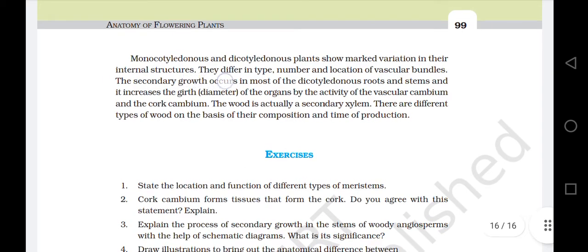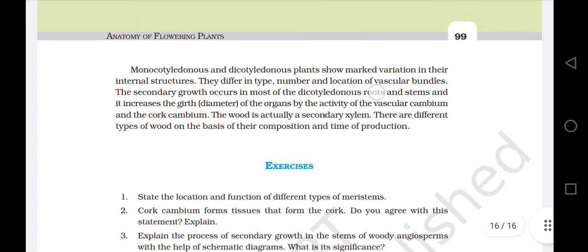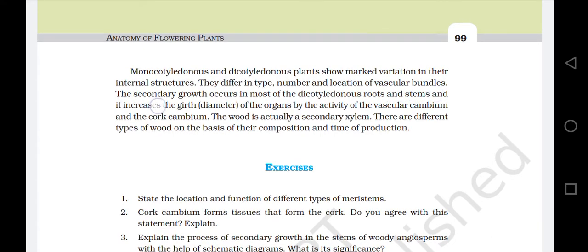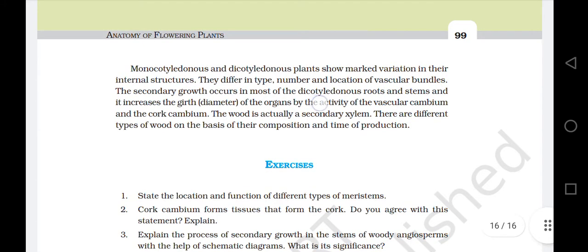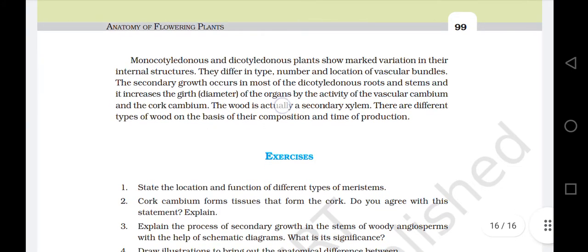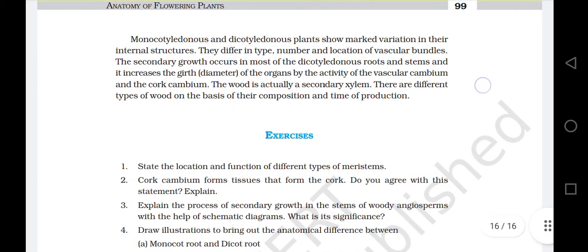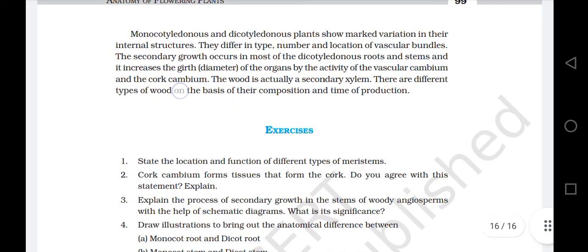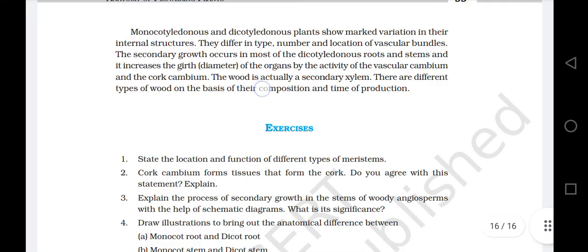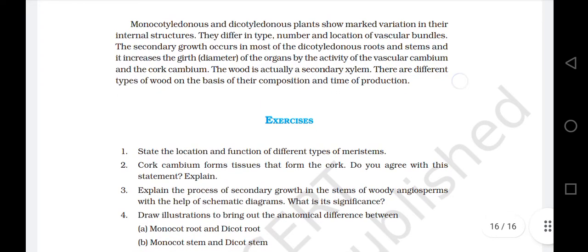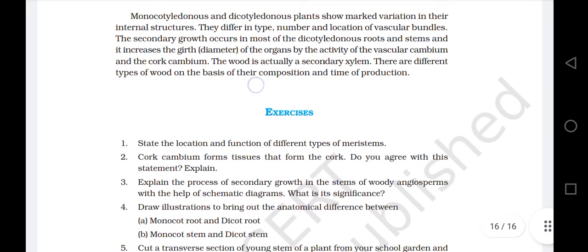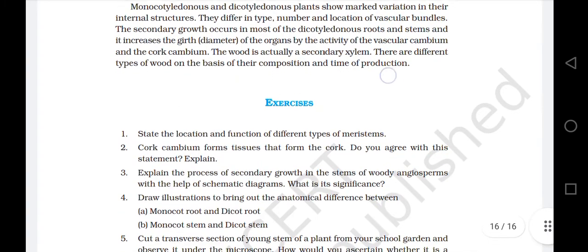They differ in type, number, and location of vascular bundles. The secondary growth occurs in most of the dicotyledonous roots and stems, and it increases the girth of the organ by the activity of the vascular cambium and the cork cambium. The wood is actually a secondary xylem. There are different types of wood on the basis of their composition and time of production.